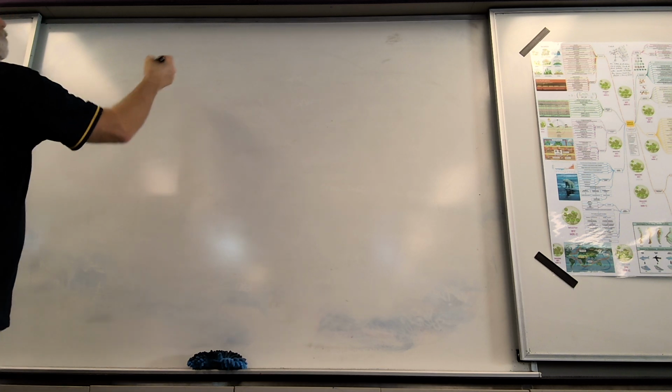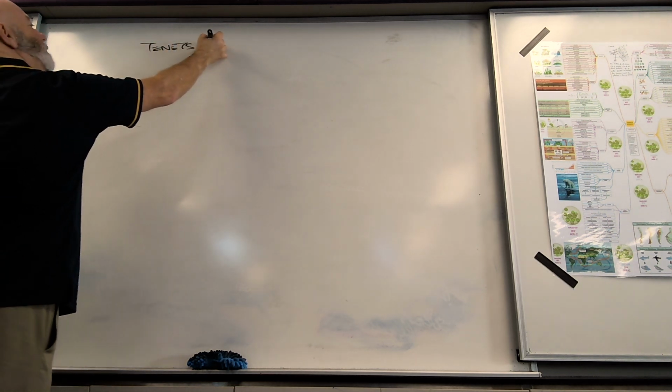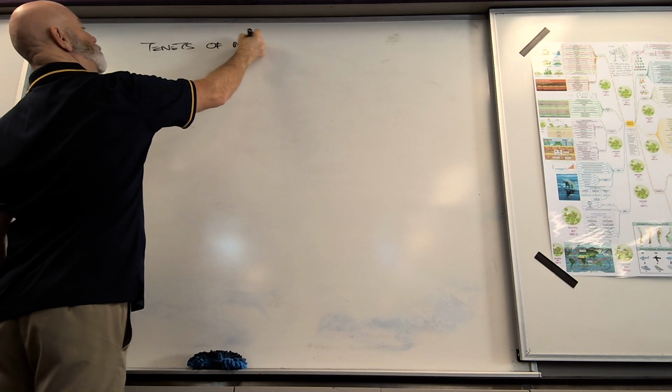Right. Now you need to be aware that animals use the thermohaline conveyor belt for migration to find breeding grounds and their food sources. Okay? Now we're getting on to natural selection. So we're going to talk about the tenets of natural selection.